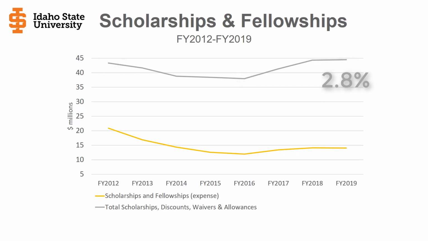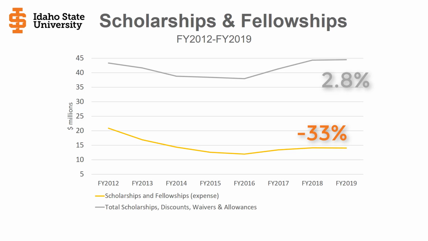These two trend lines tell a contradictory story of how we spend our financial aid dollars. The first line indicating a 33% decrease in expenditures, while the second line indicates a 2.8% increase.